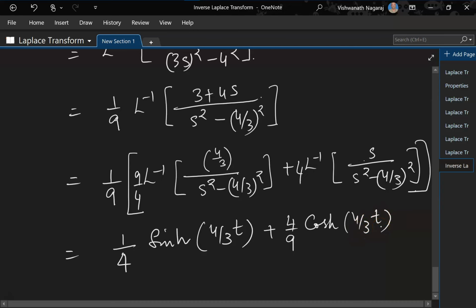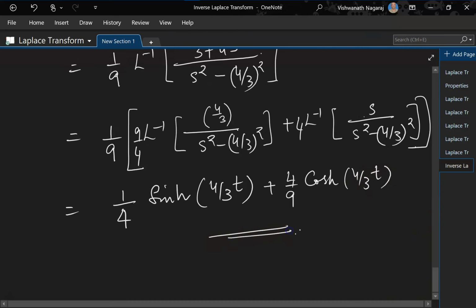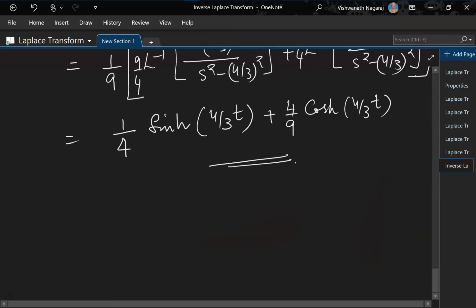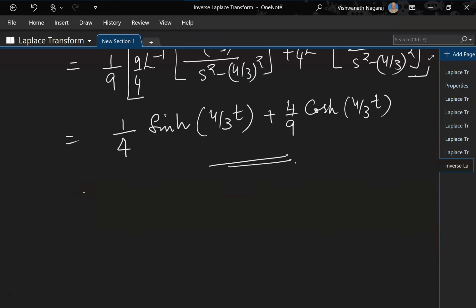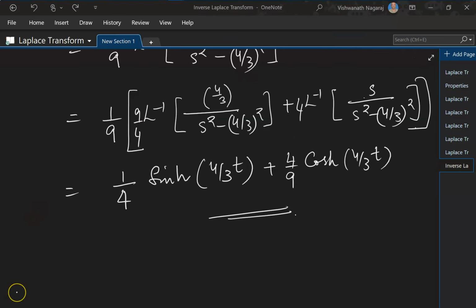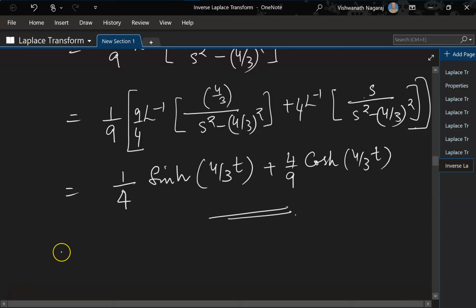That's much better to write. Okay, so that is the inverse Laplace. Here, more or less, it was not that complicated, and we didn't really have to get involved with the partial fractions too much. We'll do that in the next session. Bye for now.